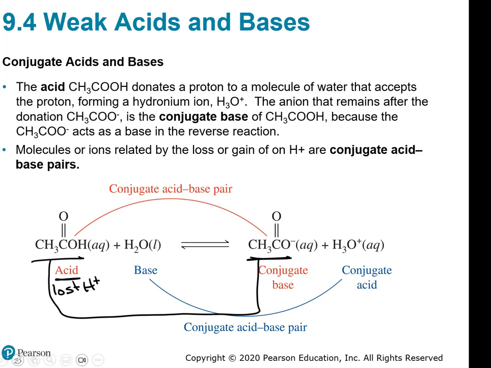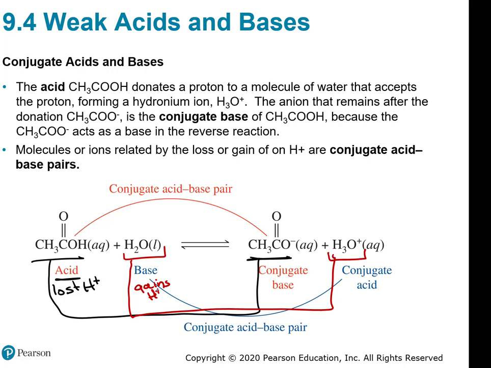Then the same, if you look at the other reactant, H2O, and you find the most similar pair on the opposite side, it's H3O plus. So you would say that H2O gains a hydrogen to become H3O plus. So it gains that hydrogen ion. That's why it's a base. Remember we said acids lose hydrogen, bases gain.